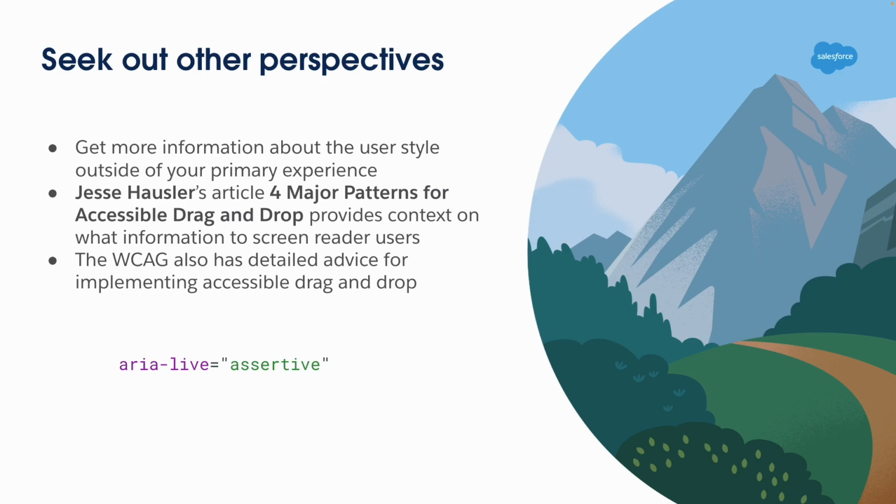If you look up ARIA Live, especially with the value of assertive, a lot of times you'll be advised not to use it because it's a pretty disruptive experience for your screen reader user. So it's valuable to me to have this perspective that, yes, this is the right time to use this property. And this is how we can go ahead and open up the reorder ability for screen reader users.